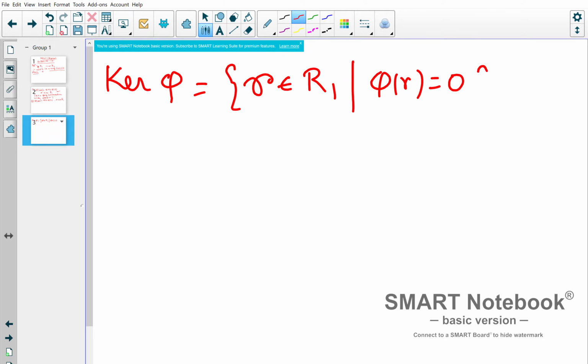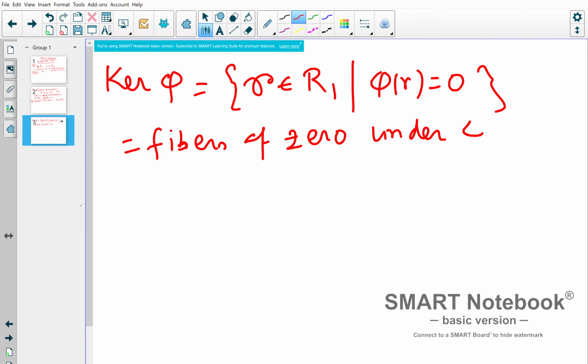That is the inverse image of 0 under phi. So this is called the kernel of the ring homomorphism.